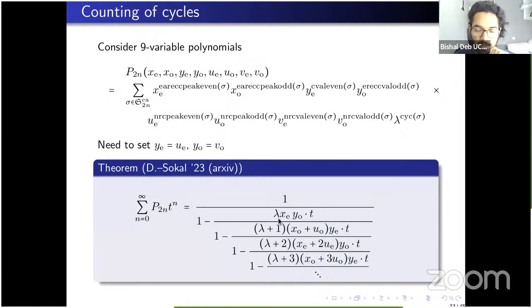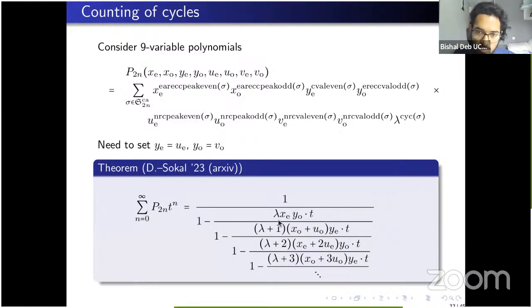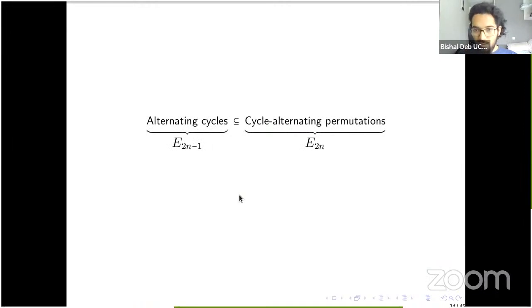So you have a lambda term. And so earlier you had y_O plus u_O, 2u_O here, but now that has disappeared. And you can count cycle alternating permutations with the number of cycles. And if you do this and just look at the coefficient of lambda, that is, you consider cycle alternating permutations with one single cycle, we call these alternating cycles.